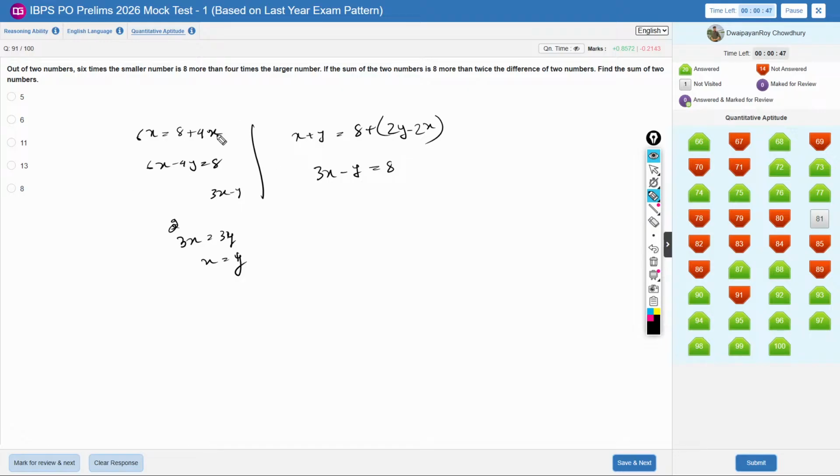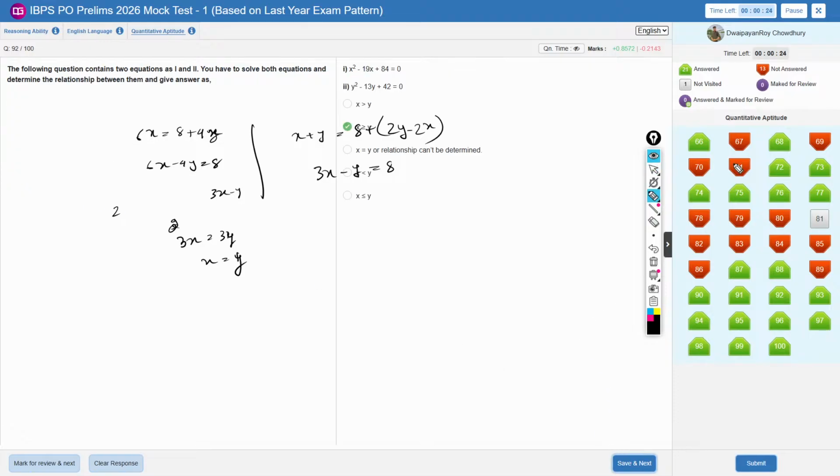If x is equal to y, then 2x. So 2 each, 2 and 2. Okay, so 2 is 4, so 4 and 4, 8.